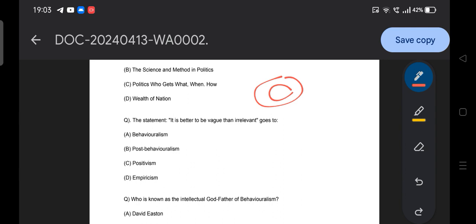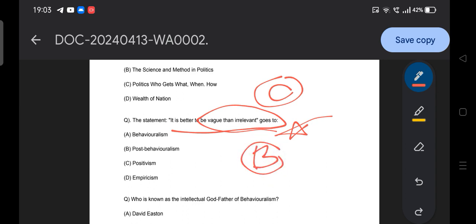Moving to the next: the statement "it is better to be vague than irrelevant". It belongs to whom? Option A, behavioralism; post behavioralism; positive empiricism. What is the answer? As we all know, the answer to this question is post behavioralism. So what is this statement about? It says the political system should be understood not only on the basis of fact, but by reconciling both fact and value.